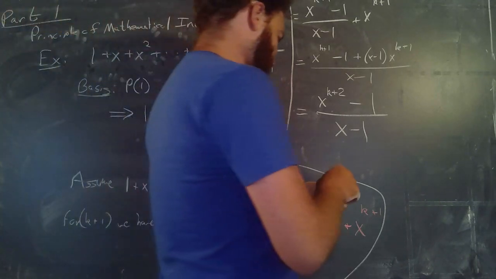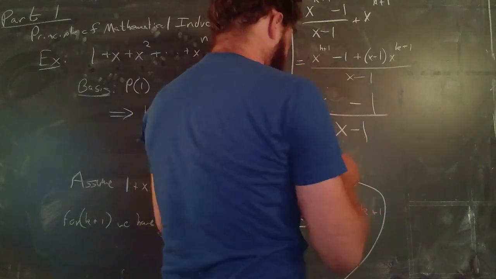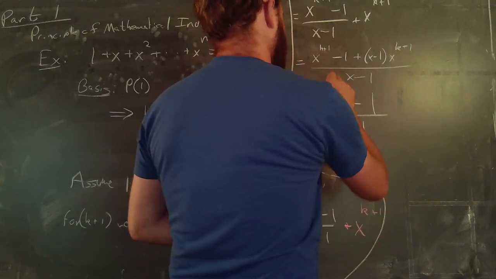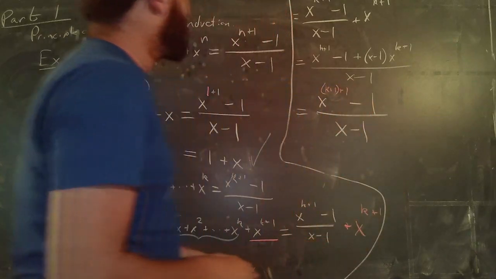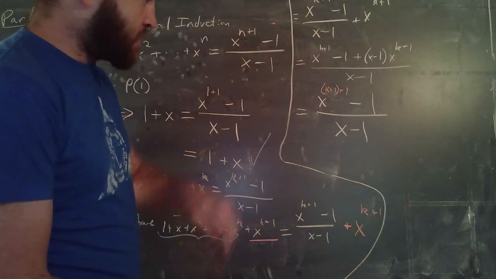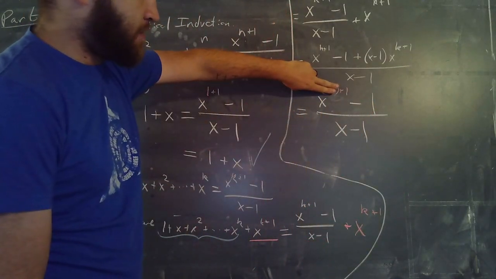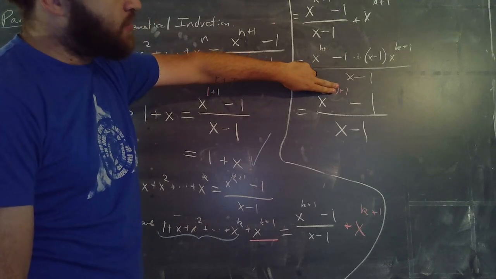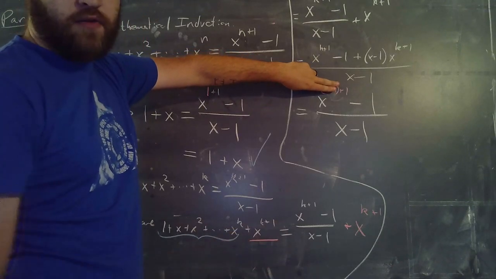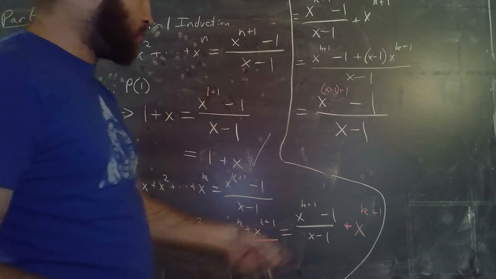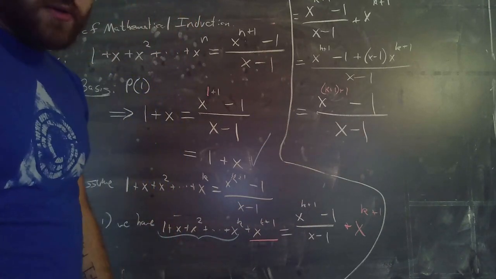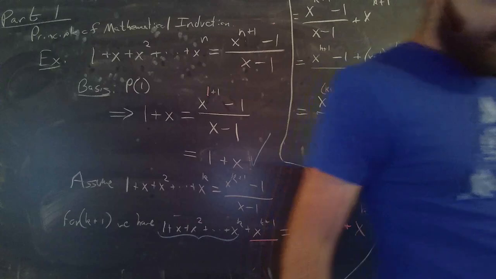And it turns out that's actually pretty easy to do. If I just replace this k plus 2 with k plus 1 plus 1, then you will notice that if I were to cover this k plus 1 up, this is the same thing. It's like saying x to the power n plus 1 minus 1 over x minus 1. We have shown at this point that we are able to arrive at the correct conclusion.